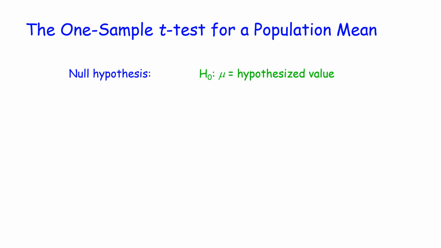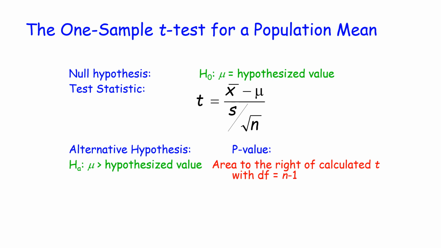The one-sample t-test for a population mean uses the null hypothesis that our mean equals the hypothesized value, with our test statistic of t equals the sample mean minus the population mean divided by the standard deviation of our sample divided by the square root of our sample size.